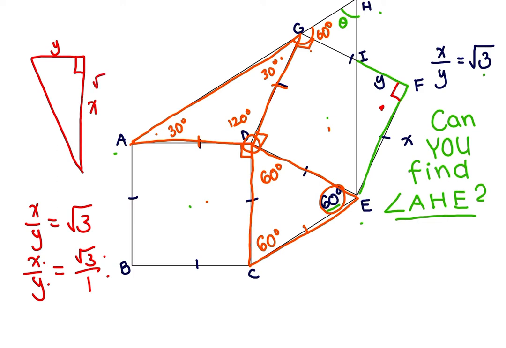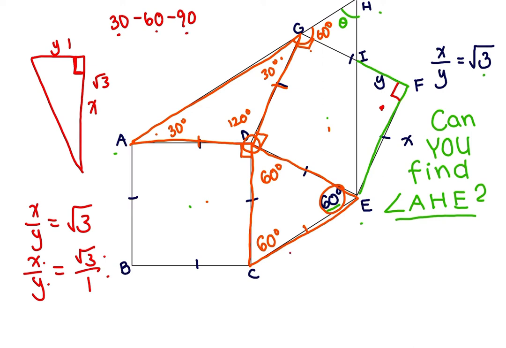So if this was root 3 and this was 1 and this is a right angle, then we see our typical 30, 60, 90 triangle. This means that in this triangle, there's one angle that's going to be 30 degrees, one angle that is 60 degrees, and one angle that is 90 degrees.